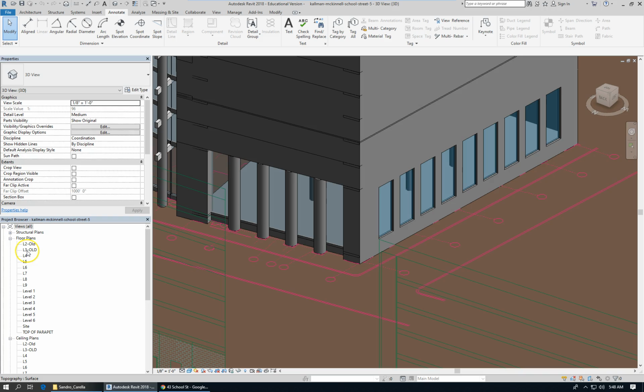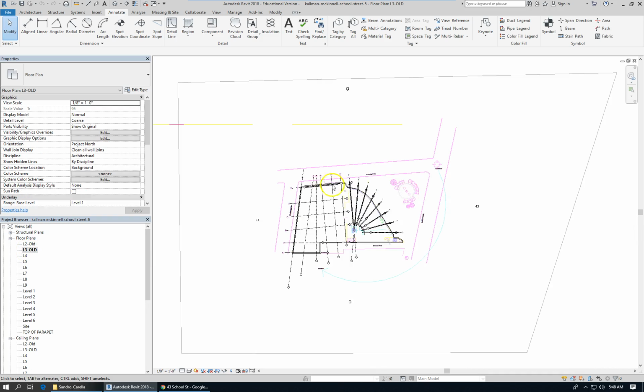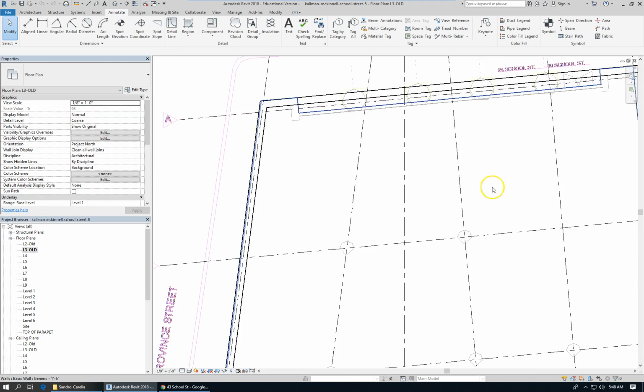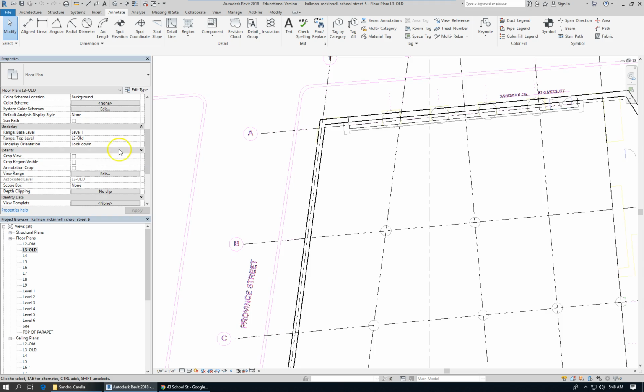So let's go to level 2. Levels. Let's see. Level 3 old. And I'm going to want to see below. I'm going to want to change the underlay to see below to level 2 old.